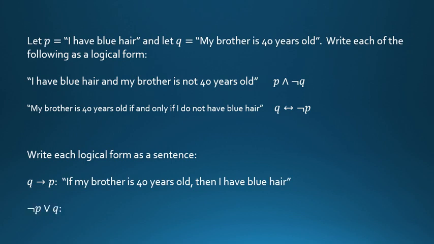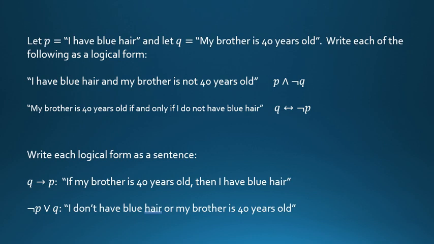Try the next one on your own. Try to see if you can write this logical form as a sentence: not P or Q. So press pause. When you think you have the answer, press play, and let's see if you were correct. Right, so hopefully you got this as your answer.